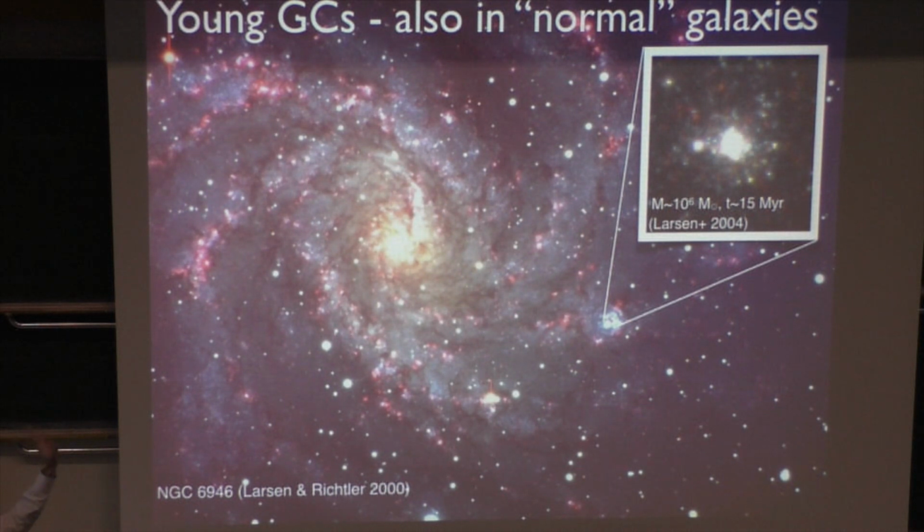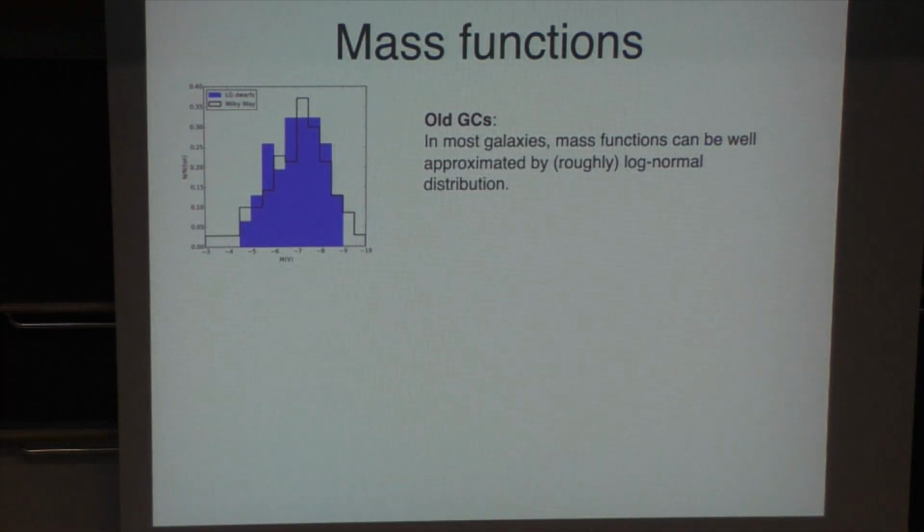But if you put them out in the halo and let them sit there by themselves and evolve for a Hubble time from now, you would see them as globular clusters. There are some differences between the young cluster populations and old globular cluster populations that one has to worry about maybe a little bit.